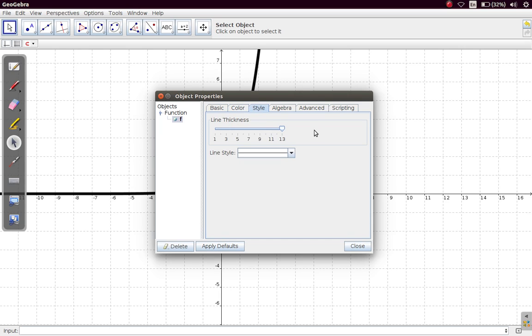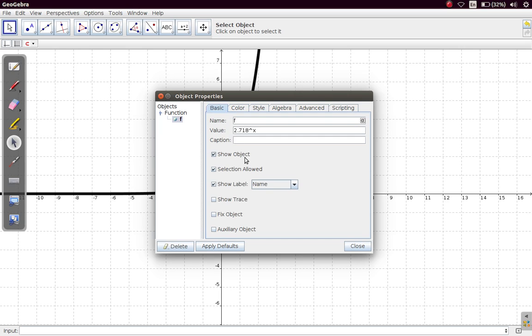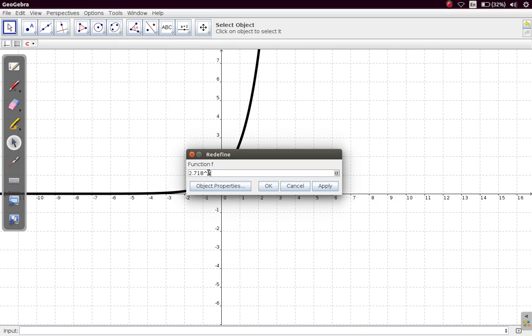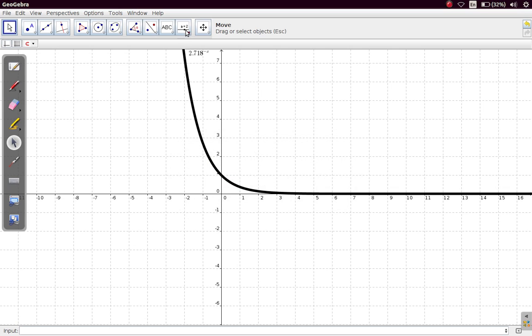Let me make my line very thick. Nice. Let me adjust it to y equals a number times e to the negative x. And what you have is a decay, all right?